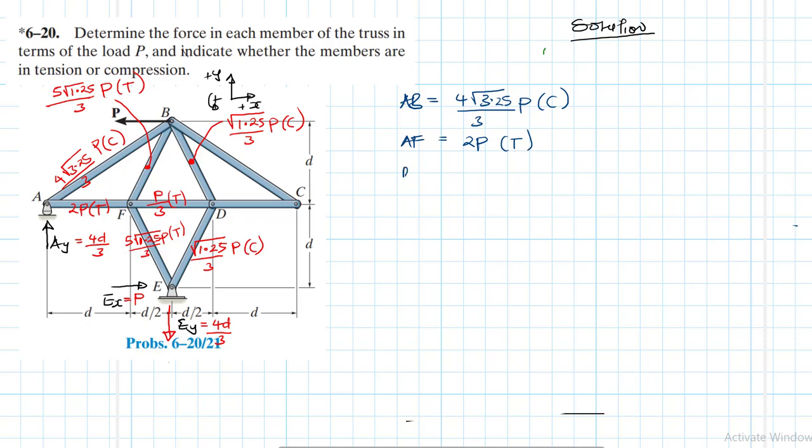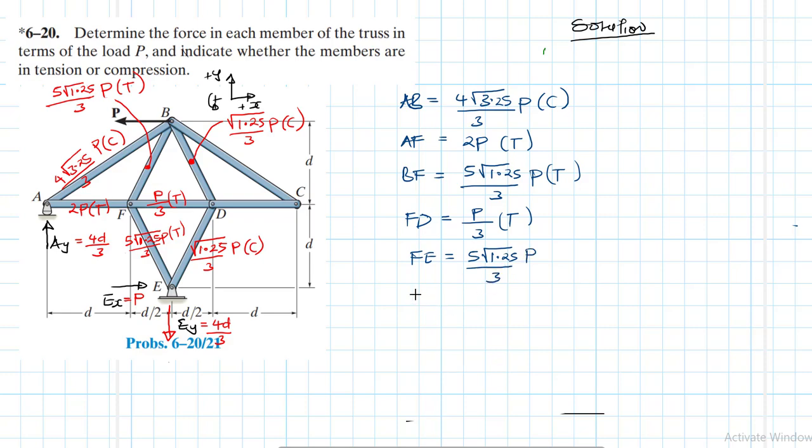And member BF or FB, doesn't matter, is equal to 5 root of 1.25 divided by 3P, is in tension. And then member FD is equal to P over 3 and is in tension. And member FE is equal to 5 root of 1.25 P divided by 3.